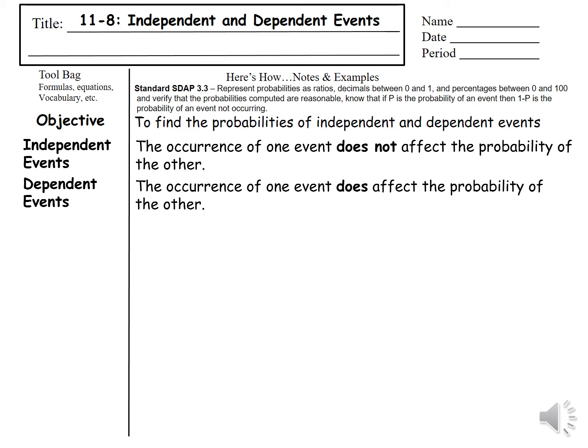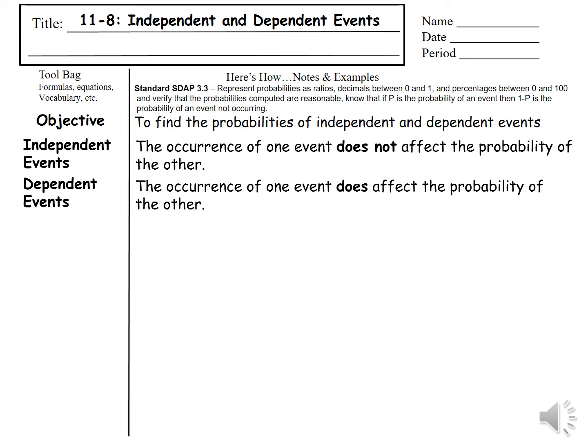The dependent event is the contrast. It is affected by the other event. So let's say event A is whether Columbus will have rain or not. Event B is you go out to play basketball in Columbus. Does the rain in Columbus affect the probability you go out to play basketball?